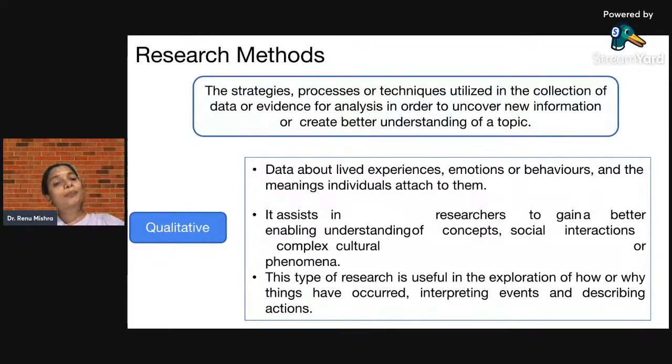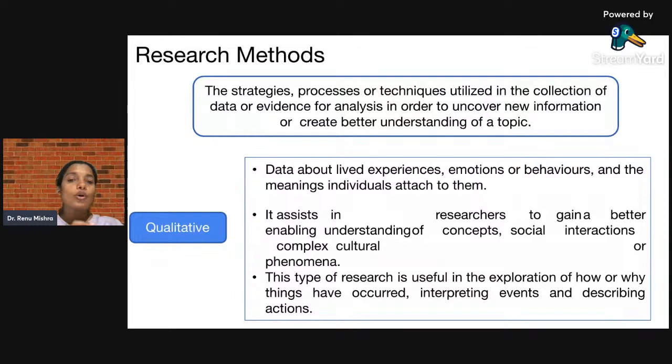They have to explain, okay, the data which I get. Now, data is not always numbers. Data is any information which we receive and collect for the purpose of completing our research. It can be numbers, it can be a detailed explanation as well.